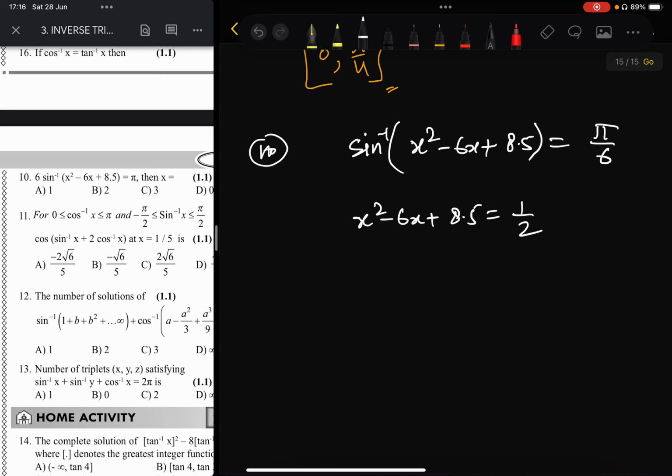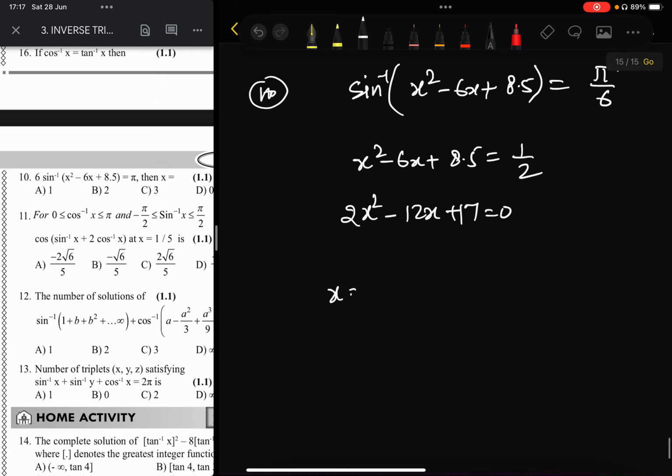So this will become x square minus 6x plus 8.5 equals 1 by 2. You can also multiply by 2, so 2x square minus 12x plus 17 equals 0. Now find the value of x here.